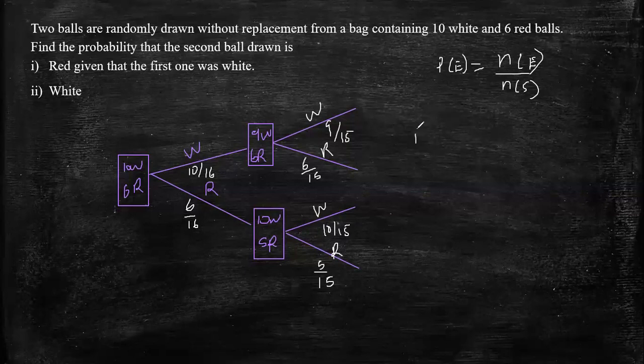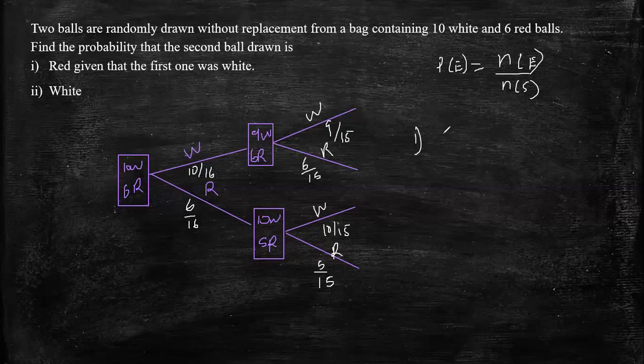The first question is the probability that the second ball drawn is red, given that the first ball was white. So we are going to look at a situation where we first pick white, followed by a red ball.